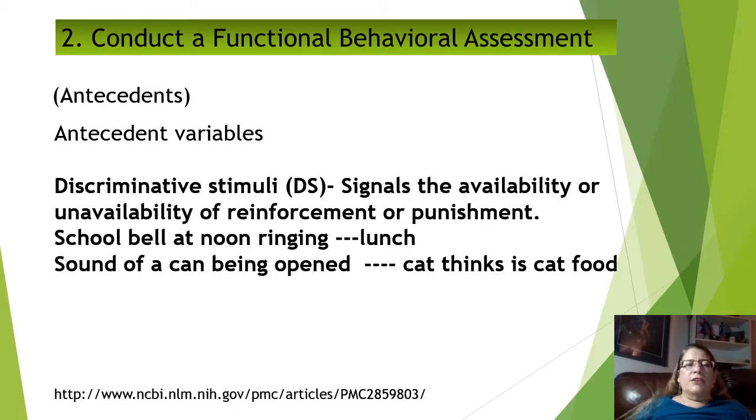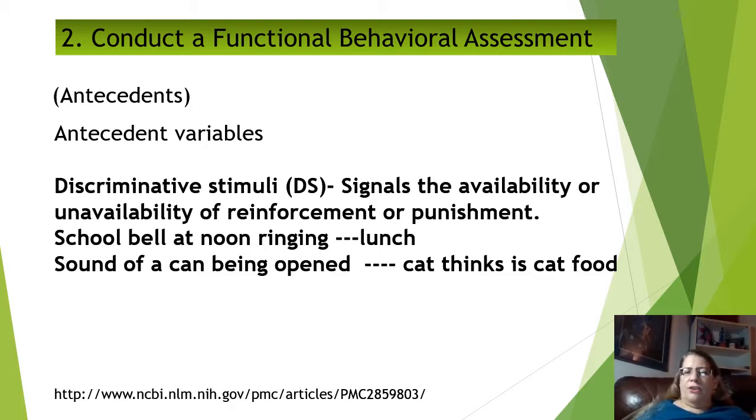So let's also look at discriminative stimuli, and these are just signals that tell you whether something is available or unavailable. A couple of the examples I want to give you is a school bell at around noon. Those two things paired together typically mean lunch is served, right?